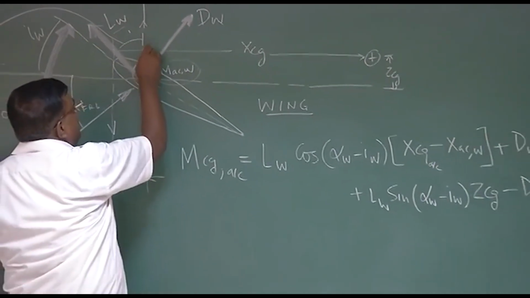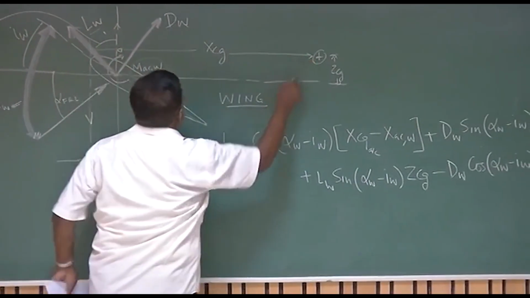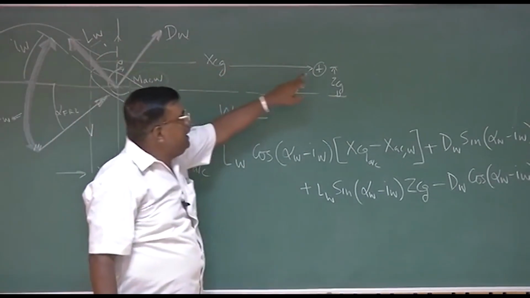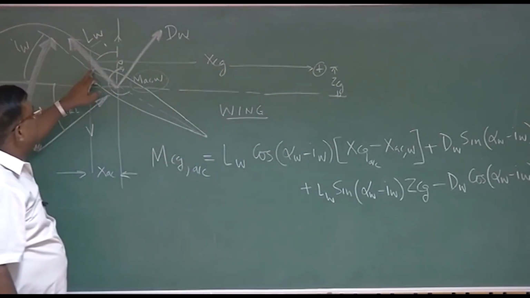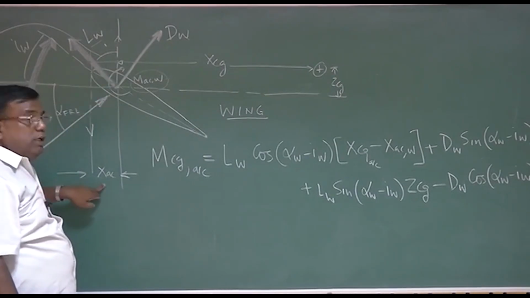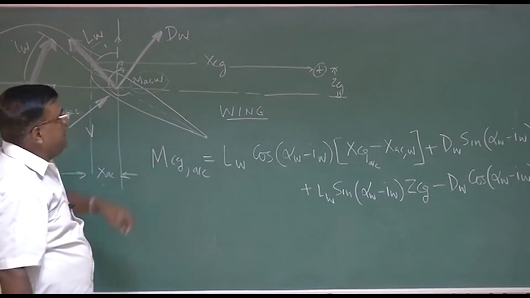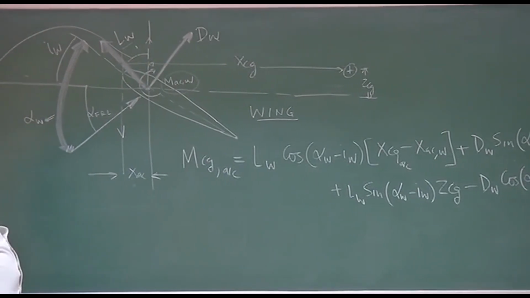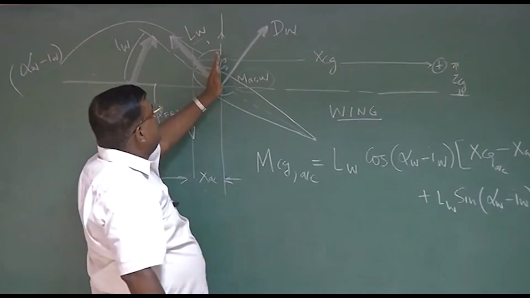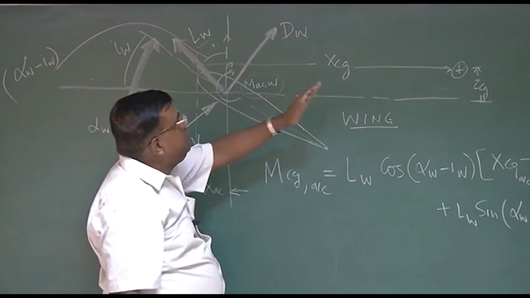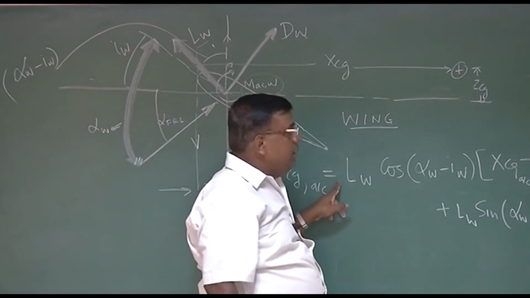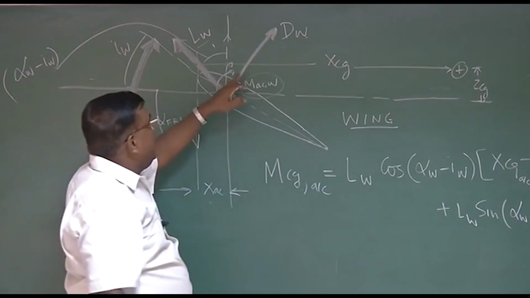The moment arm is from this point to the CG. But you know, from the wing leading edge, this total distance is X_CG, and from the wing leading edge, the AC distance is X_AC. So this distance is nothing but X_CG of the aircraft minus X_AC of the wing. What type of moment will this give? This is acting vertically up. About CG it will give a nose up moment, right? So this is positive.